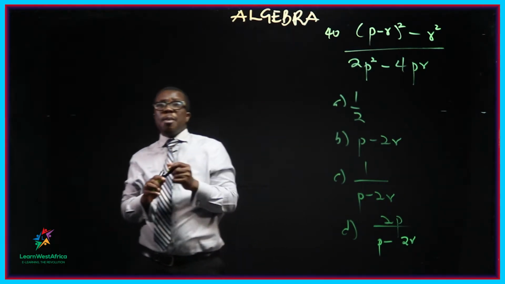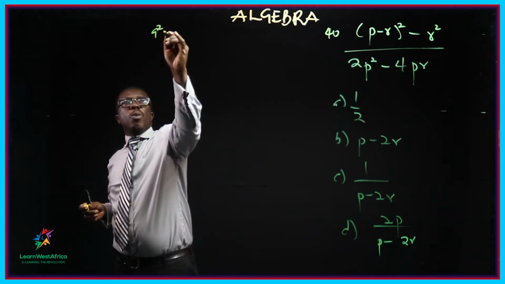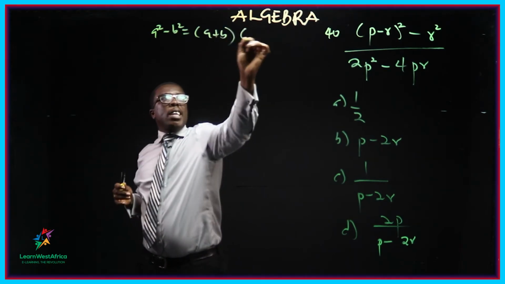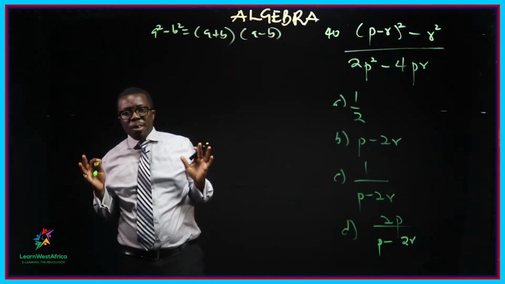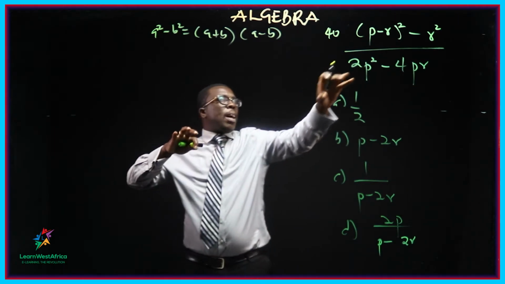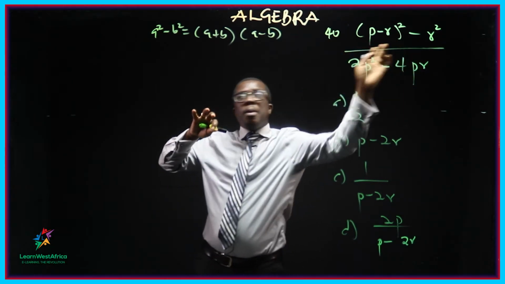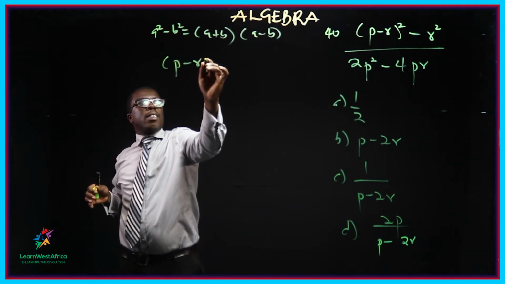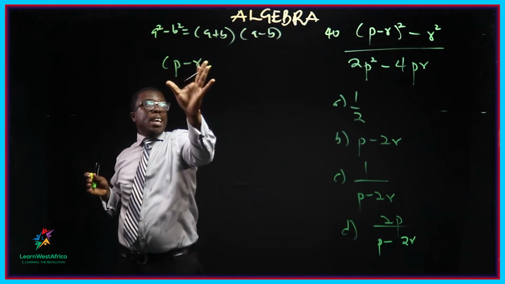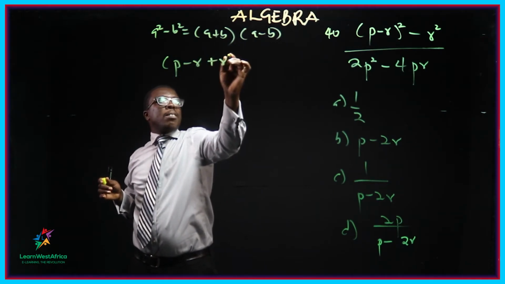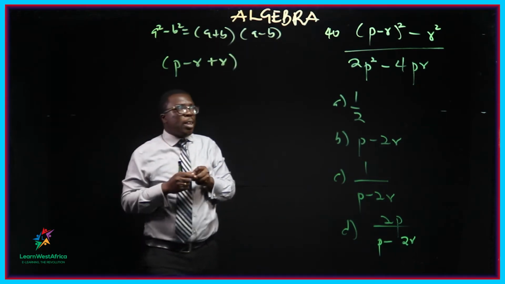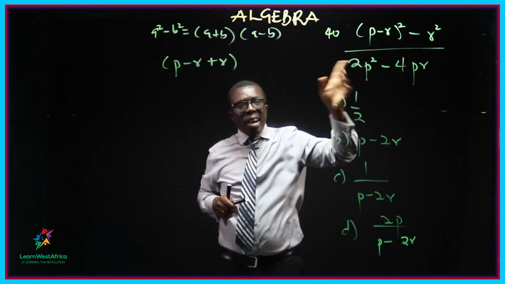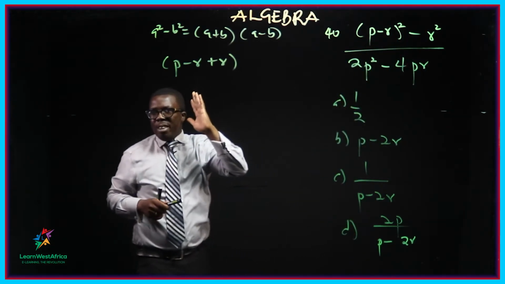In the numerator we have a squared minus b squared, which is a plus b in one bracket and a minus b in the other. Our a is p minus r, and our b is r, since we have r squared.